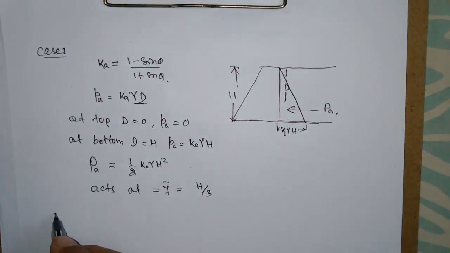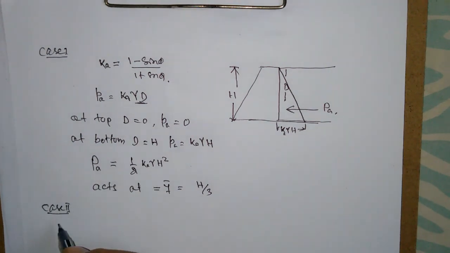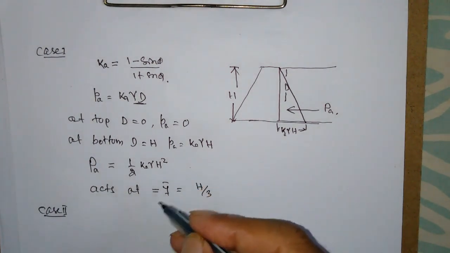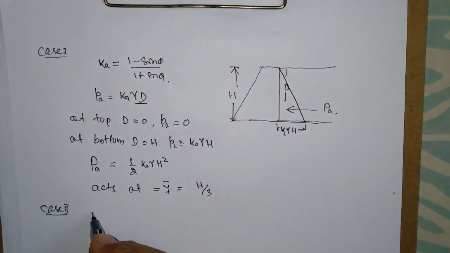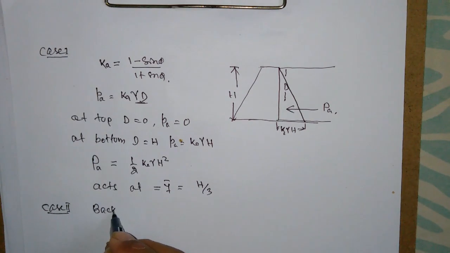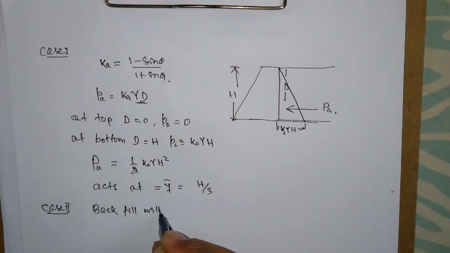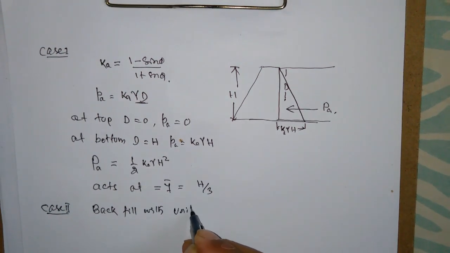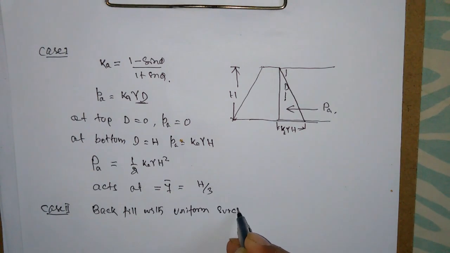Now suppose case 2. Case 2, from the original condition, we deviate a little, we have to apply a surcharge. So case 2 will be backfill with uniform surcharge.